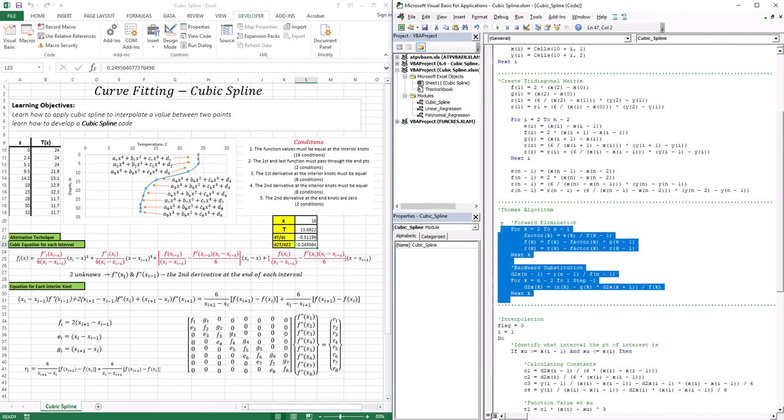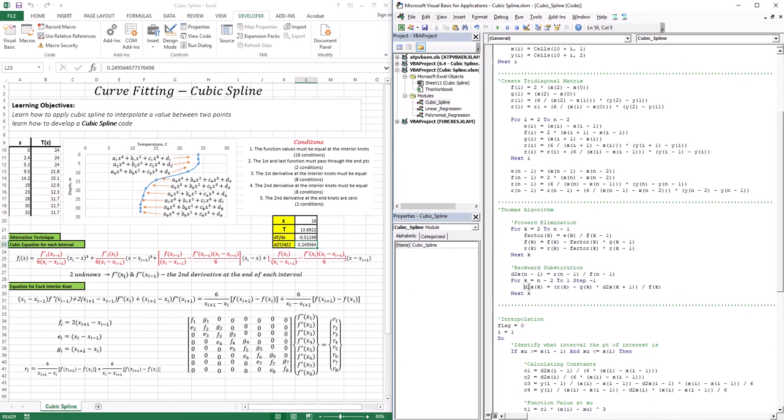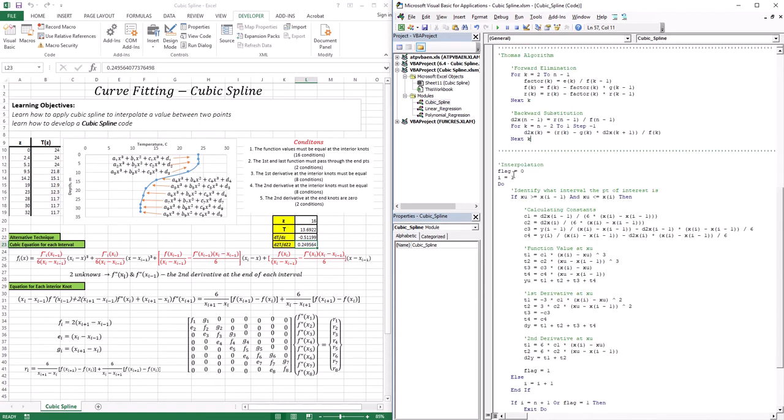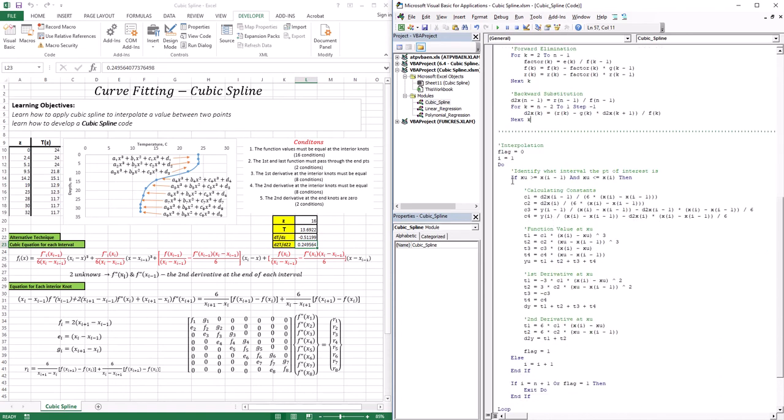This is the Thomas algorithm, which is a system of equation solving technique specifically for tridiagonal matrices, an efficient way of doing it by not doing unnecessary calculations. So given that we have that, we basically created all our second derivatives. Then we go into the interpolation. The IF statement finds the interval that my point of interest is in, in this case 16.